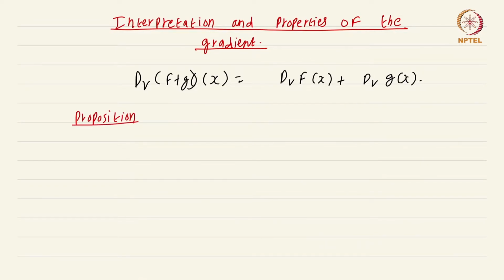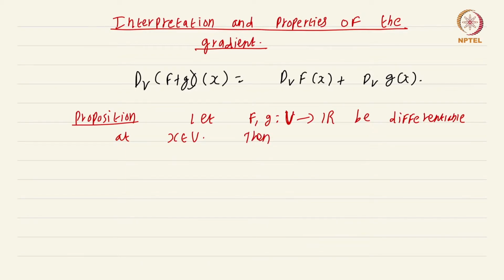This involves the gradient. So let f, g from U to R be differentiable at x in U. Then we have the gradient of (f + g)(x) is nothing but the gradient of f at x plus the gradient of g at x.